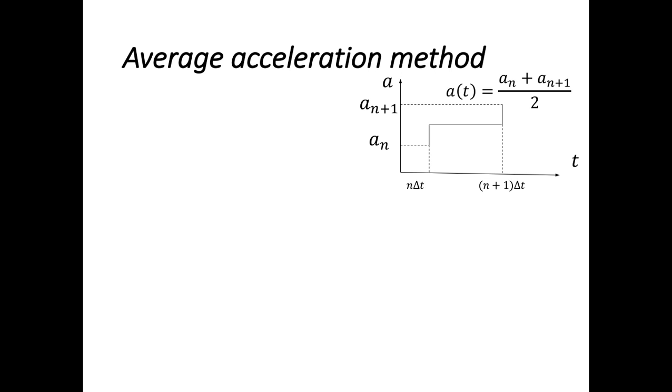So at n times delta t, the acceleration is an. However, it suddenly changes to the average of an and an plus 1, something like this.